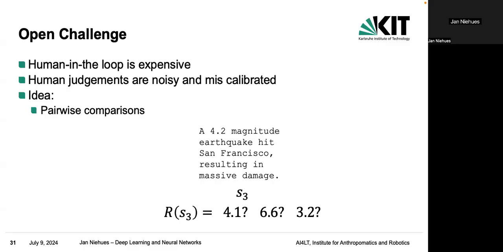Maybe that's medium compared to the others, 4.1, 6.6, 3.2. So giving a real rating for this type of model might be quite challenging because it's not directly clear. Is it now a bit better or so?